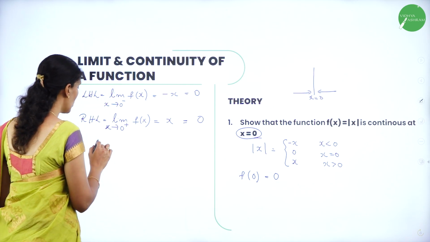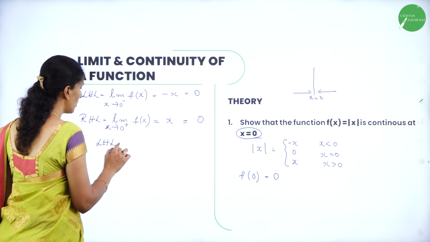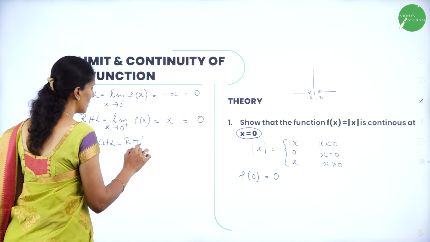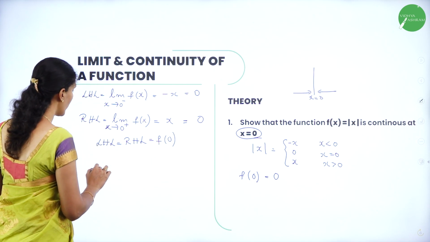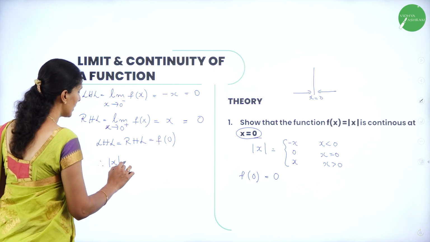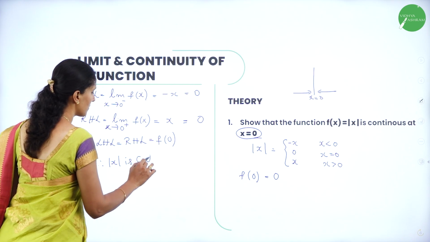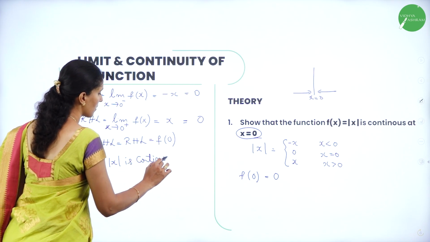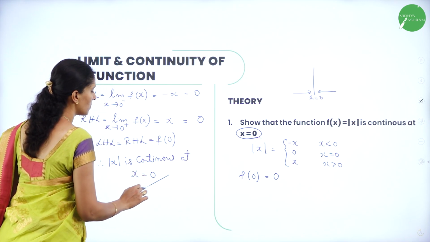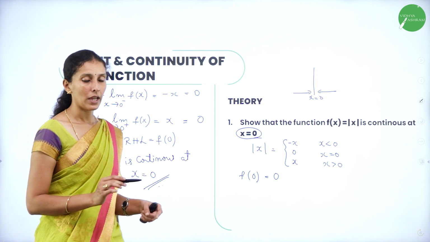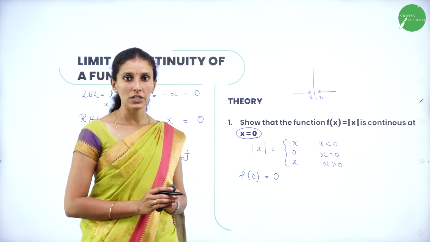Clearly you can see the left hand limit and right hand limit are equal to the functional value. Therefore we can call mod x continuous at x equal to 0. So this is how we can prove whether the given function is continuous or not.